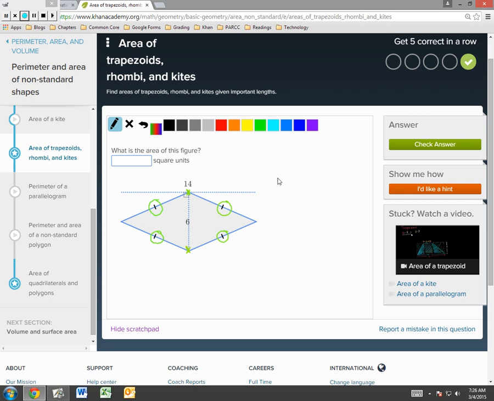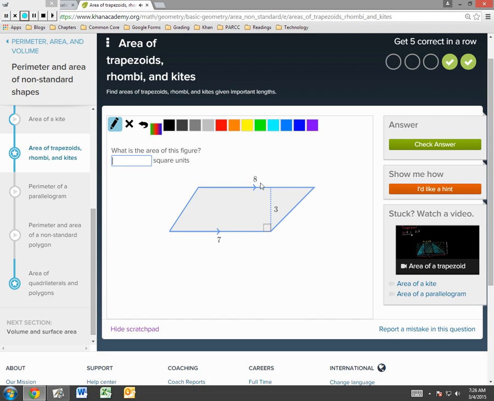The formula for this would be 14 times 6, divided by 2, or 1/2 of 14 times 6. Because this is multiplication, I can multiply 1/2 times 14 and then times 6 if I so desire. I like this a little better because I can easily find half of 14, which is 7, and then 7 times 6 gives me 42.